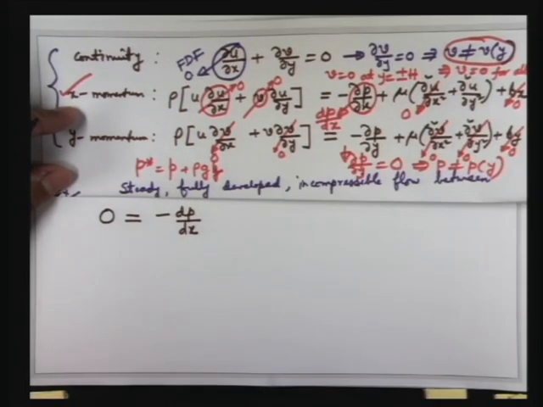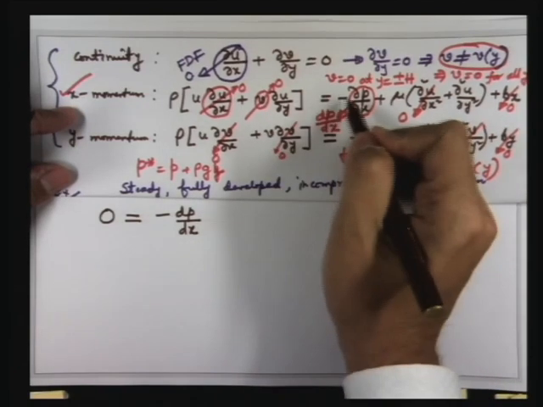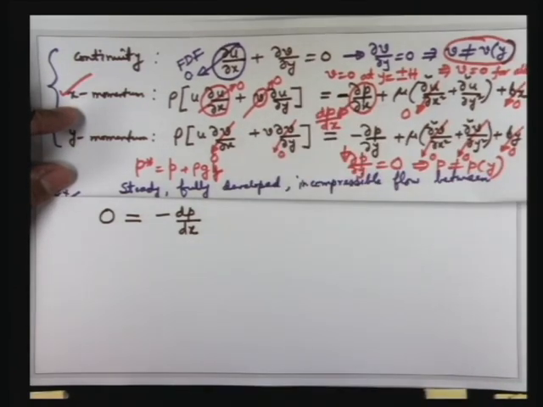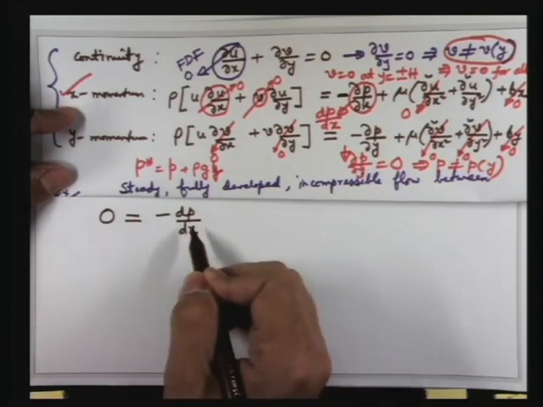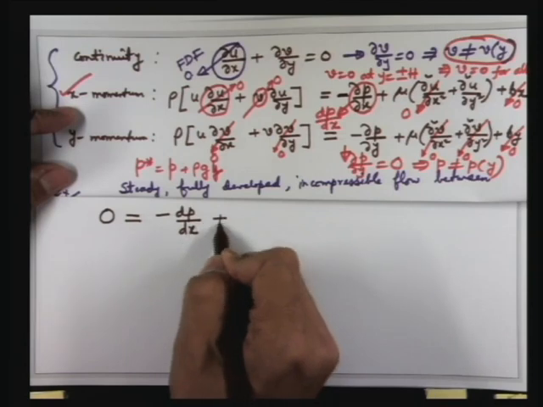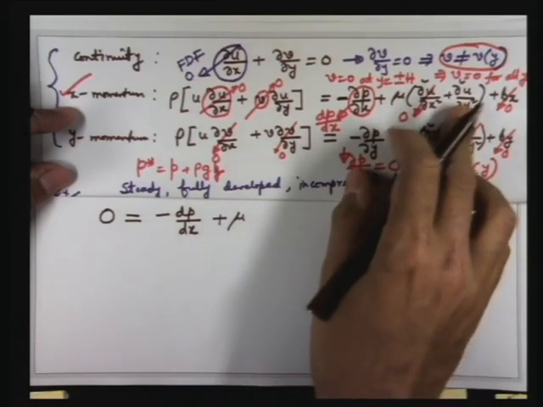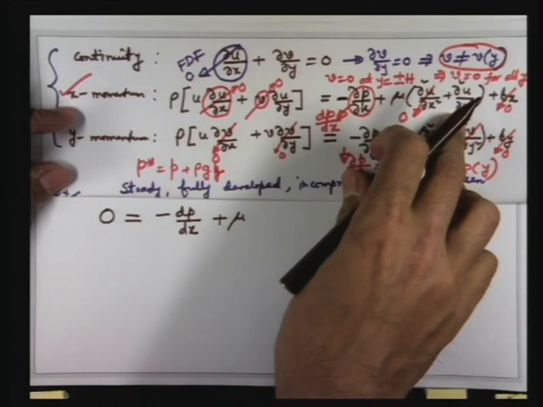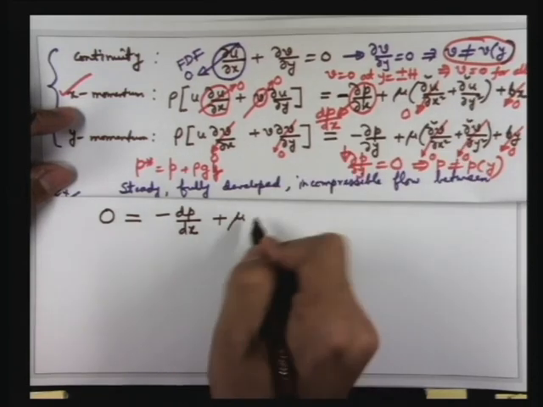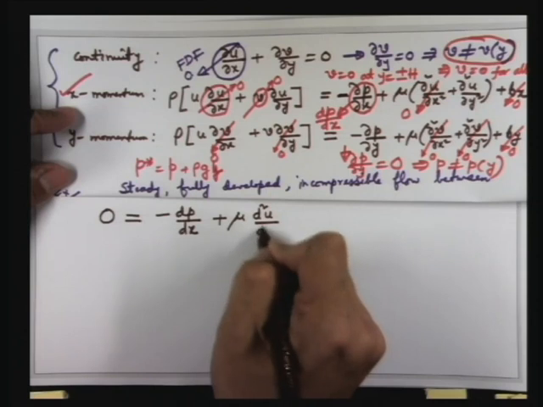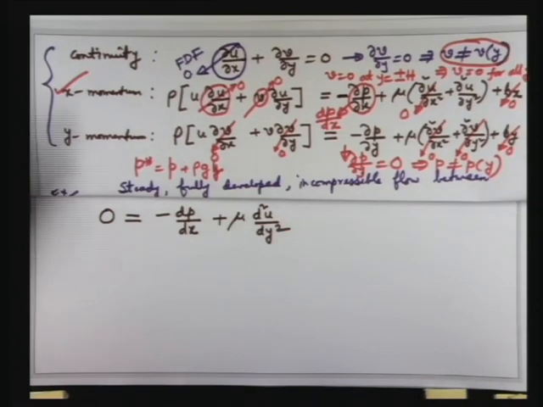P being a function of x only does not have the power of changing the plus to a minus sign. So this is minus dP dx plus mu. U is a function of y only, because U is not a function of x for fully developed flow. So mu d2u dy2.